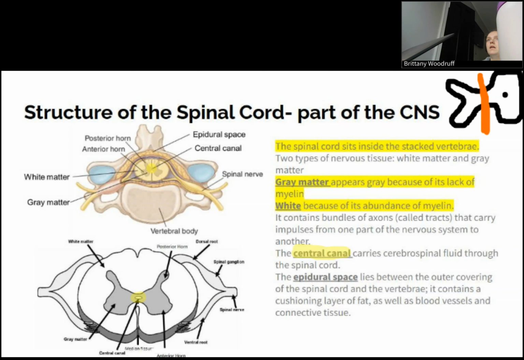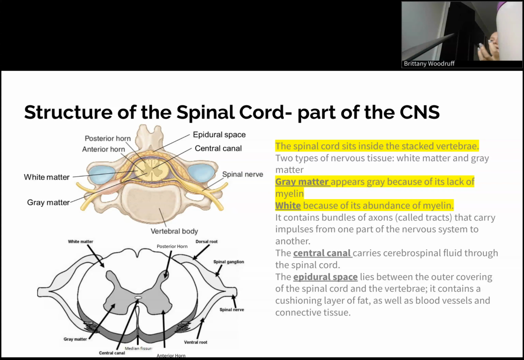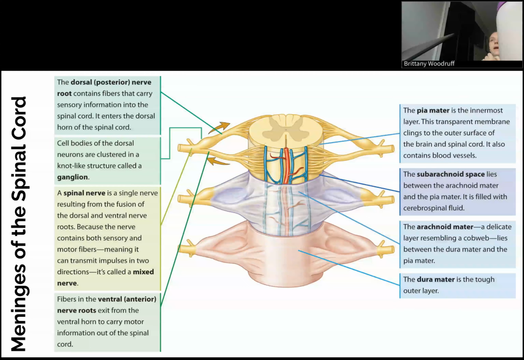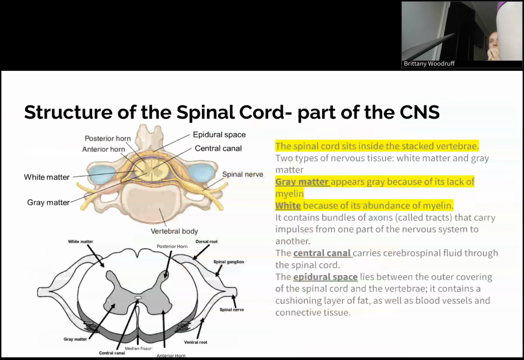Now, those meninges, that protective layer on the outside of the brain, continue down into the spinal cord. So we still have those meninges in the spinal cord.